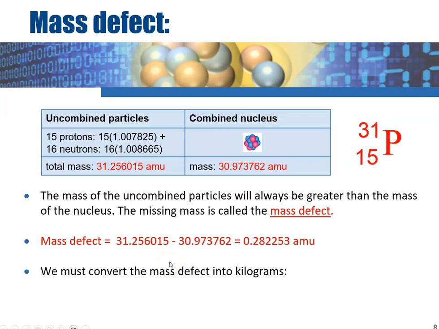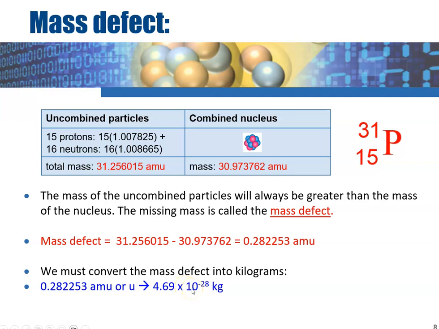I'm eventually going to want to take this mass defect and put it in the equation E equals mc squared. M in that equation does not stand for mass. It stands for mass defect. So it's going to have to be in kilograms. I can go into the mass menu of my calculator converter, put in that many AMUs, and convert that into kilograms.